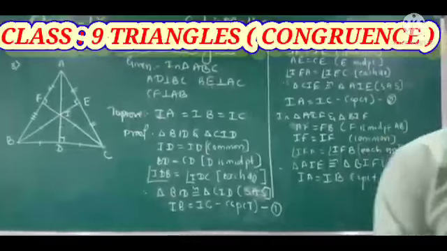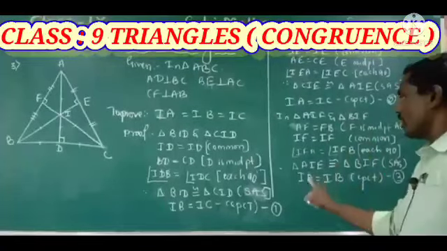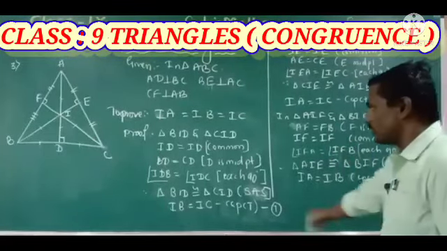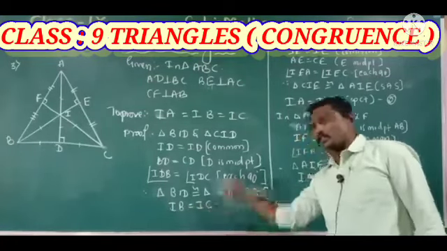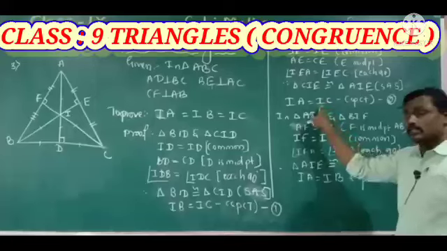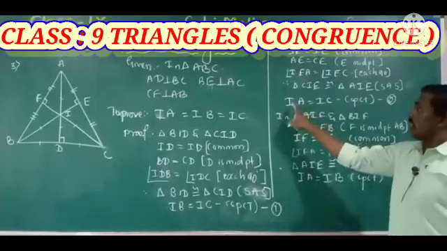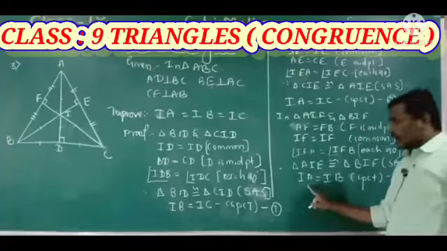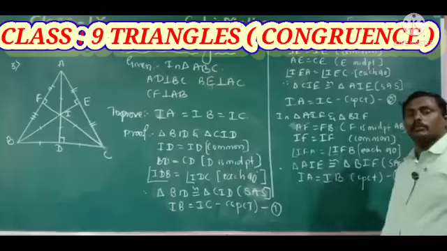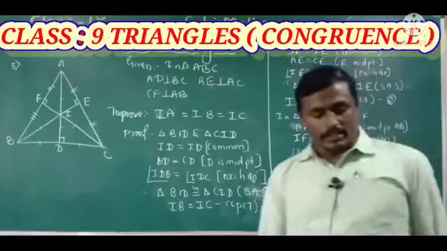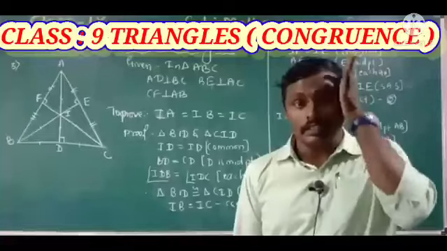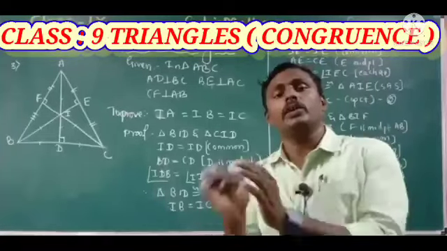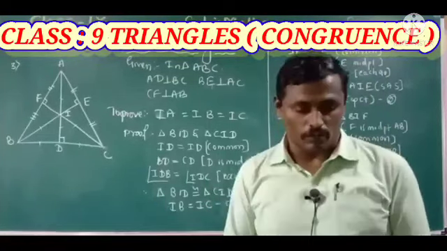Now just observe equations 1, 2 and 3. What are we getting in equation 1? IB is equal to IC. In equation 2, IC is equal to IA. Again IA is equal to IB. We already know from Euclid's axioms in previous classes that things equal to the same thing are equal to one another.